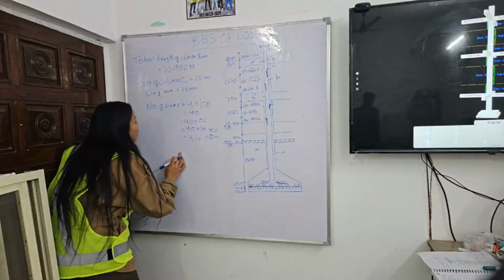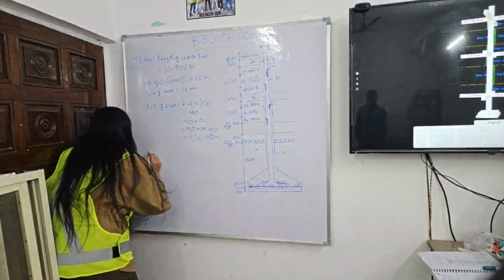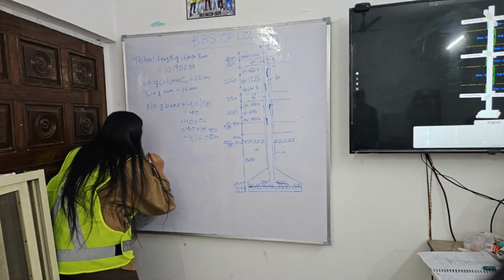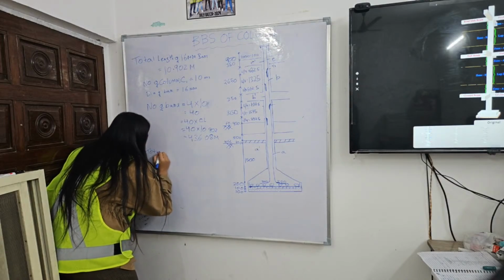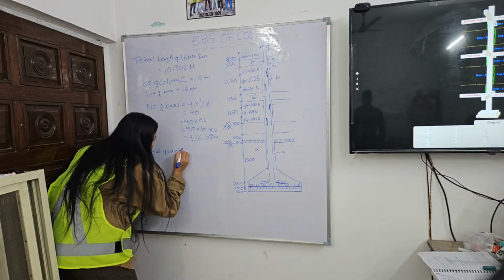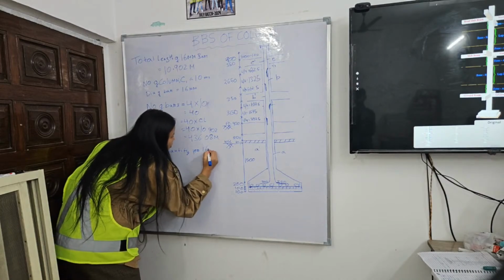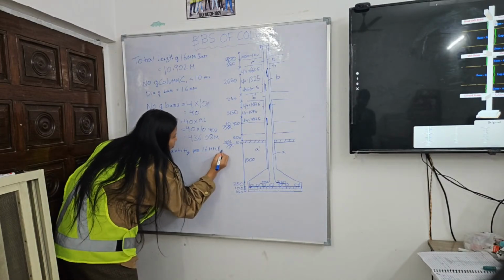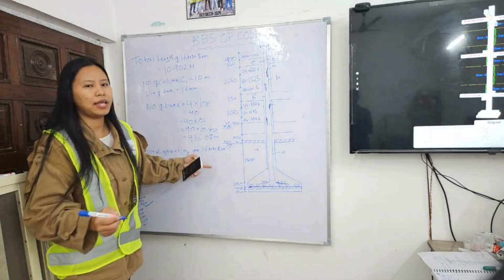So now we have to calculate for unit weight. Unit weight for 16 mm, which you call total quantity of 16 mm bar.